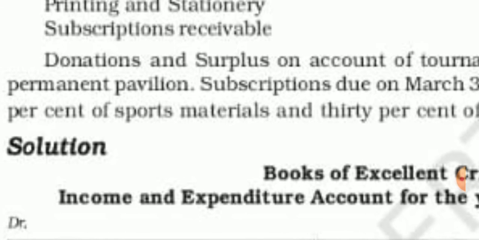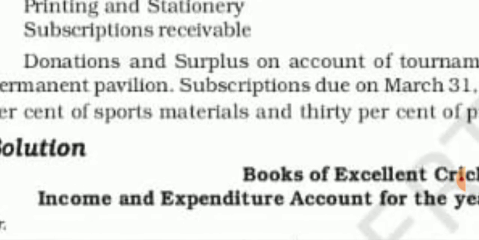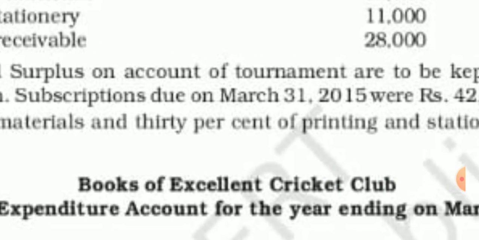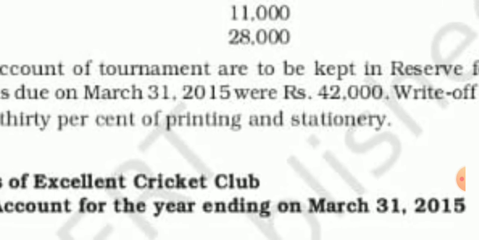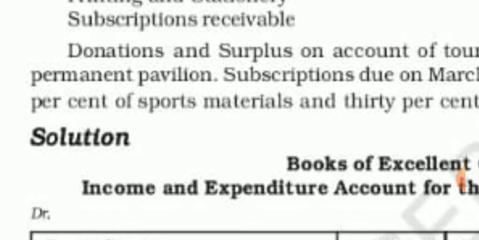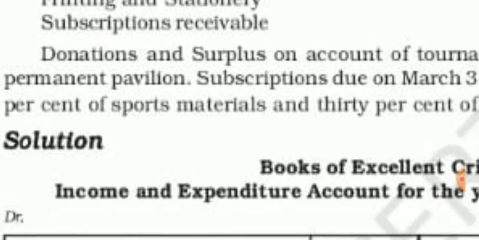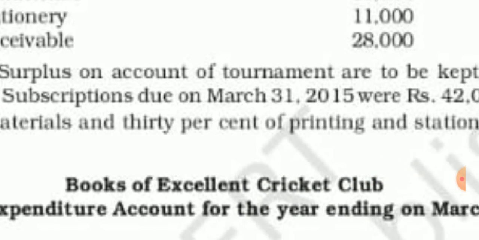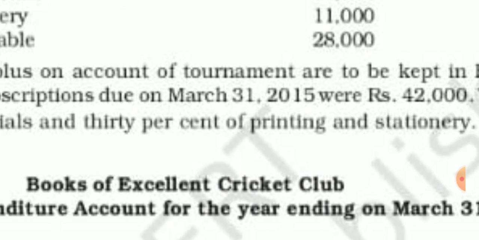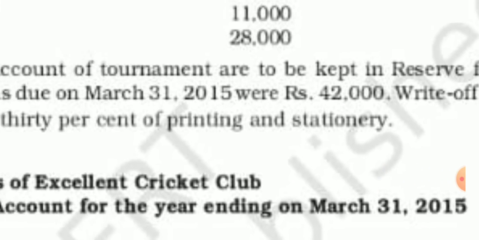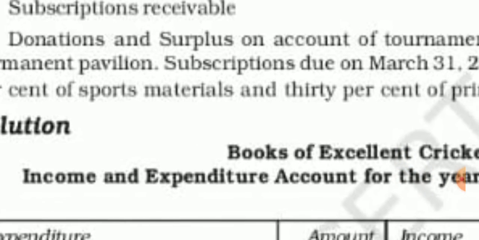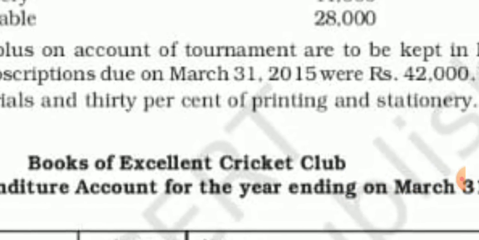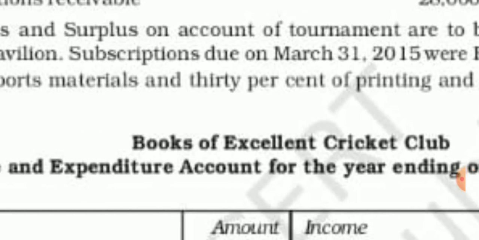Then some other information: donation and surplus on account of tournament are to be kept in reserve for a permanent pavilion. Subscription due on 31st March 2015 was rupees 42,000. Write off 50% of sports material and 30% of printing and stationery. This is the full question.